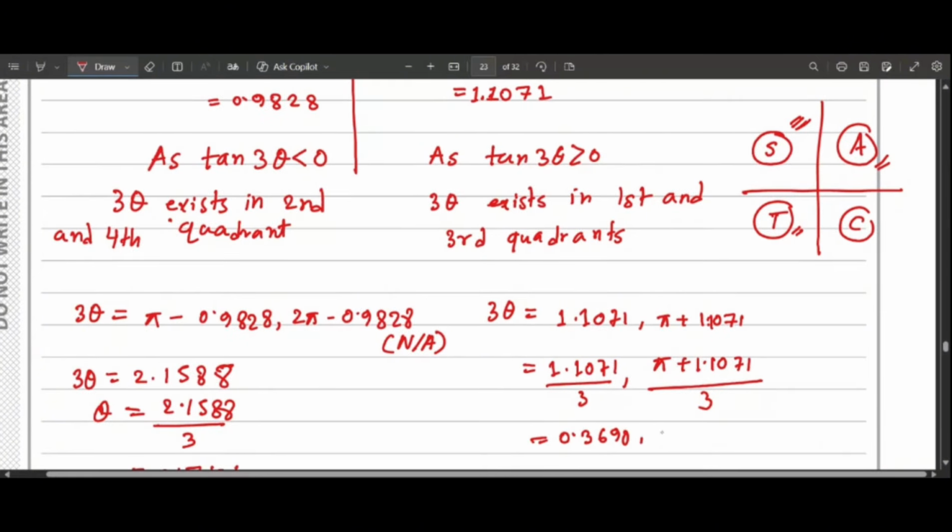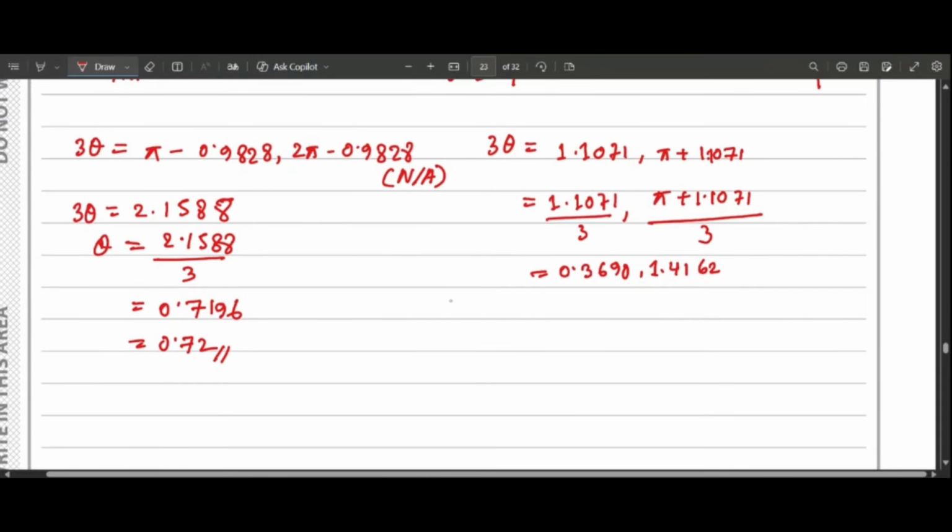0.3690 and pi plus 1.1071 divided by 3 would give us 1.4162. Now we have to keep all the values to two decimal places, so we can write 0.37 and 1.42.